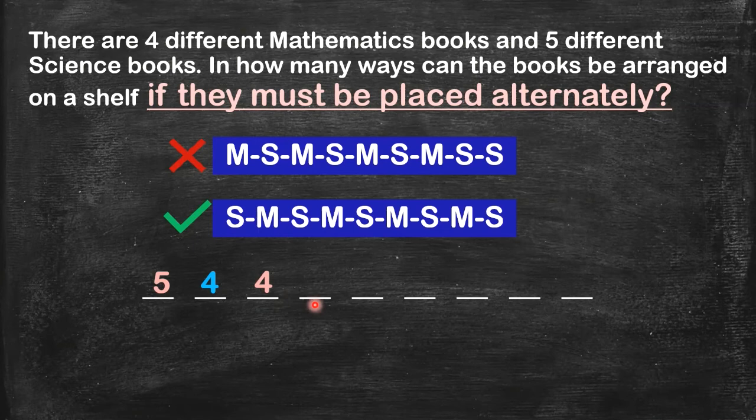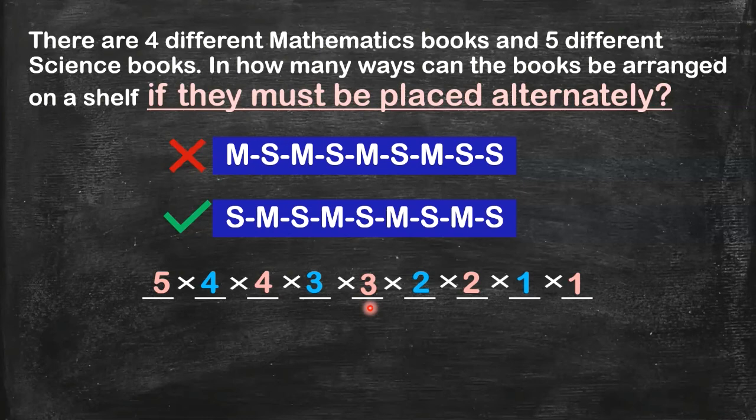So, since nakapili na tayo ng isang math book kanina, ilang books na lang ang natitira para pagpilian natin? 3. Dito, science yan. Ilang science books na lang ang natitira? We only have 3. So, I hope you get the pattern. You will be getting this one. And then, of course, we need to get the product.